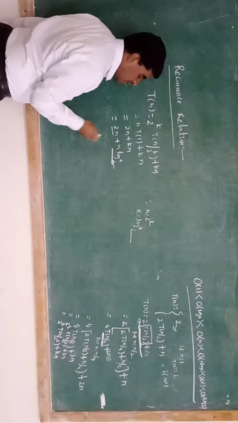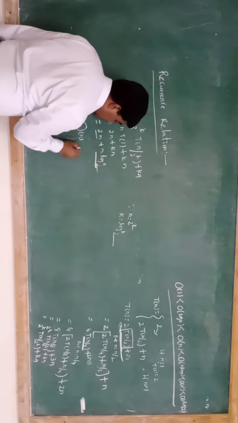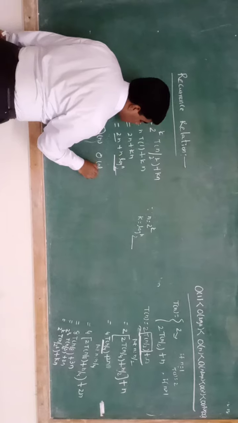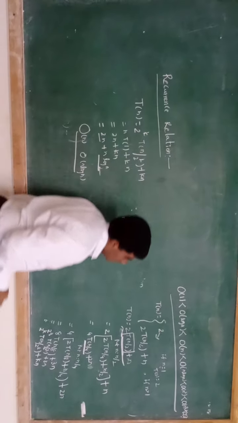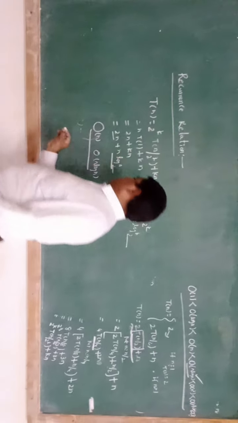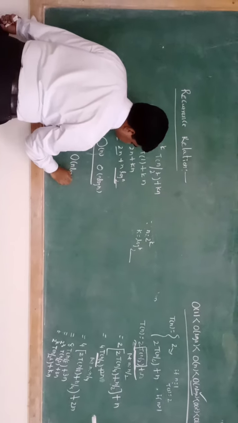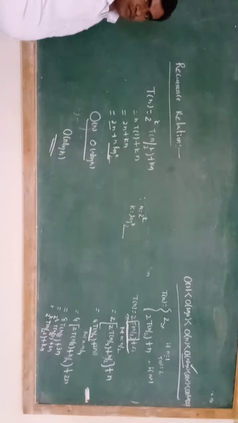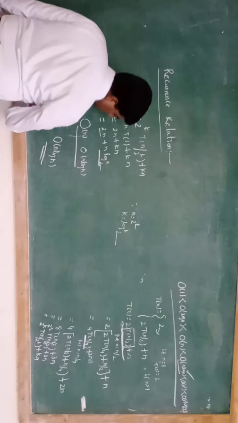Either 2n, 4n, whatever it may be, you take it as big O of n, and n log n is big O of n log n. Which one is greater among these two? N log n is greater. So the time complexity is big O of n log n. One more example we will discuss.